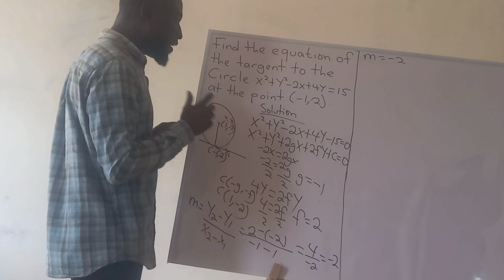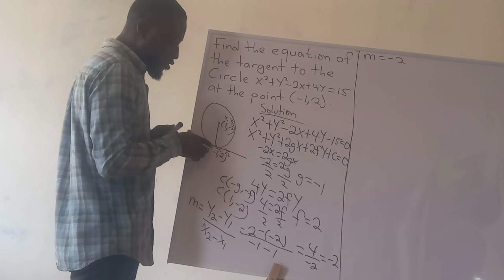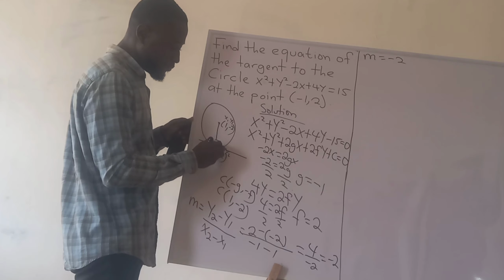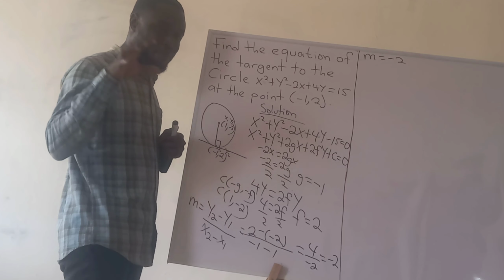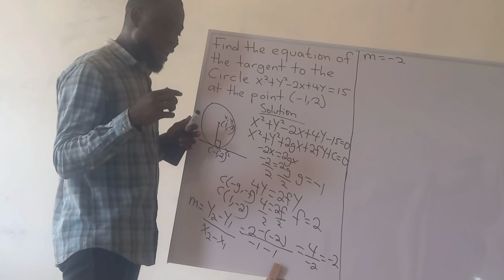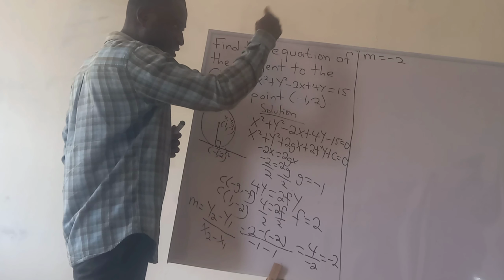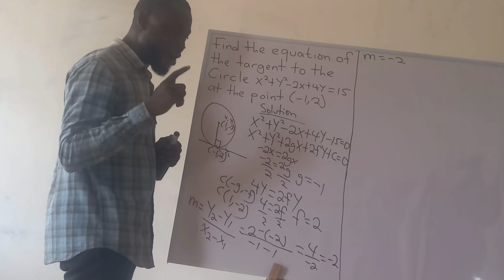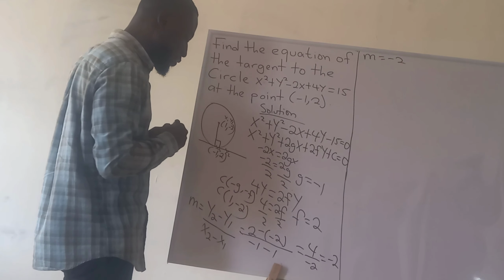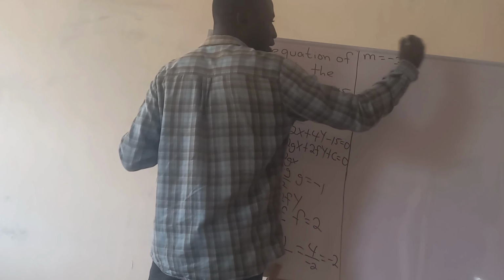But since we are looking for the gradient of the tangent, and this line and the tangent form perpendicular lines, when two lines are perpendicular, to get the gradient you have to reciprocate it and then negate it. So it's the negative reciprocal. Remember, -2 is the same as -2/1 as a fraction.